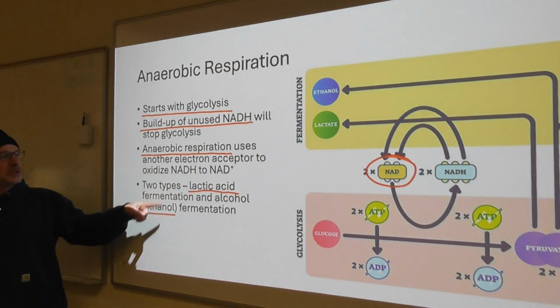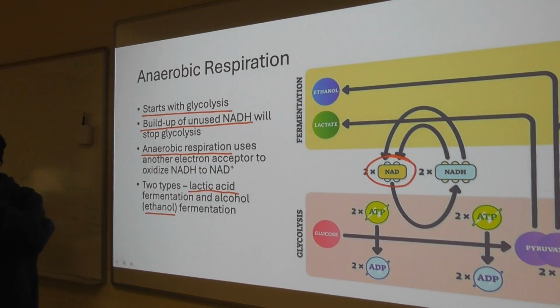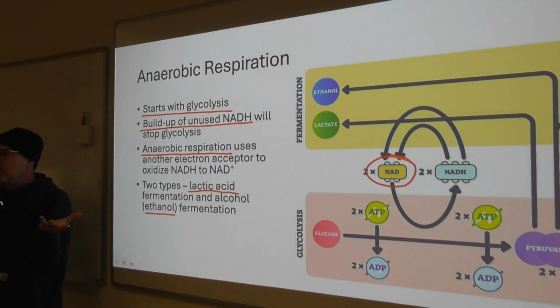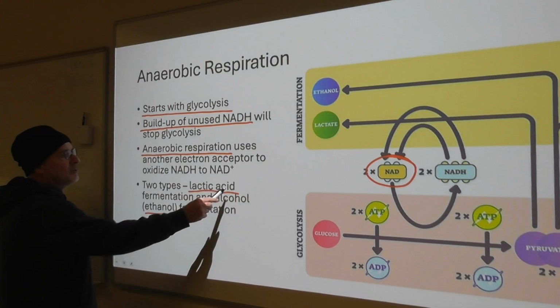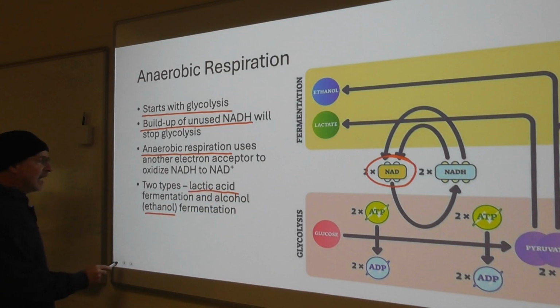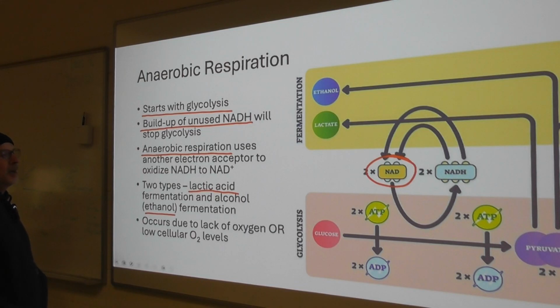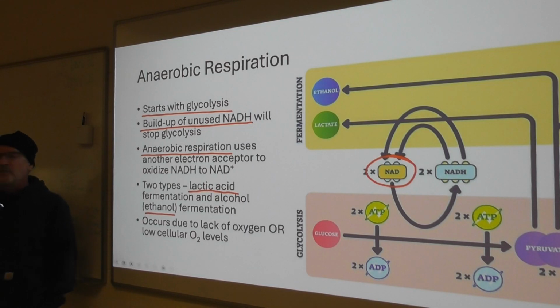So these two types are each organism that's capable of respiring anaerobically, which is most organisms. They each have their own type that they use. Animals and some other organisms use lactic acid fermentation. Plants and yeast tend to use alcohol fermentation.